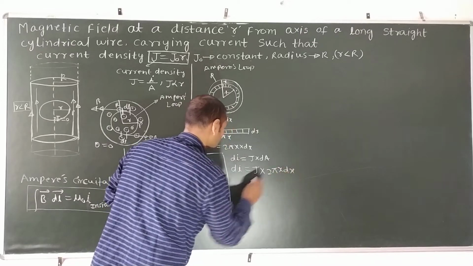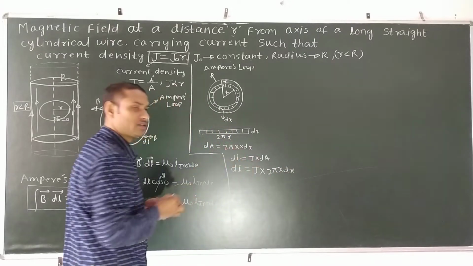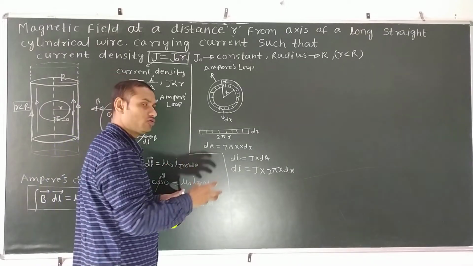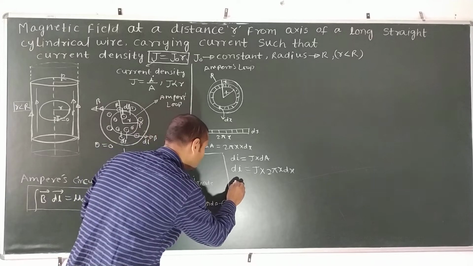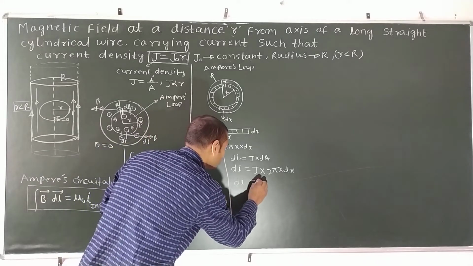As we integrate this di, we get the amount of current present inside the Ampere's loop.